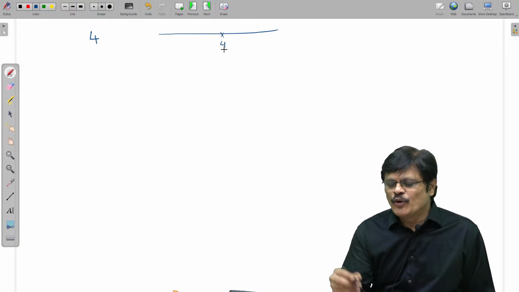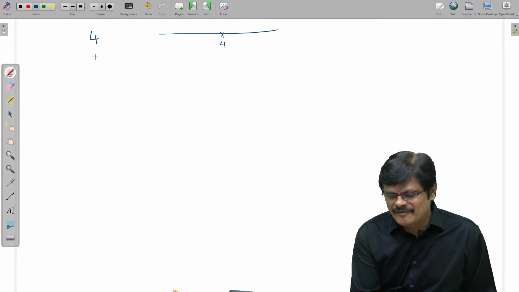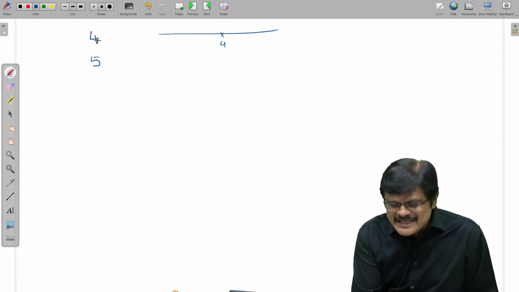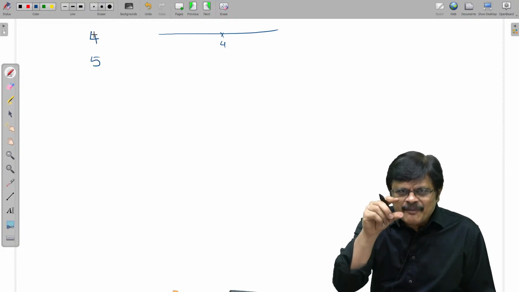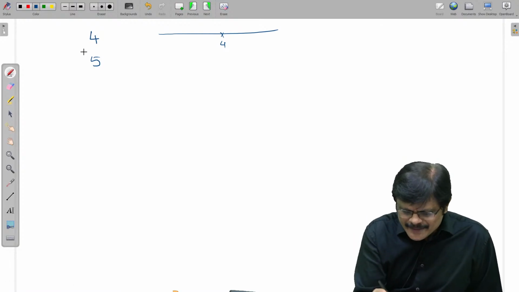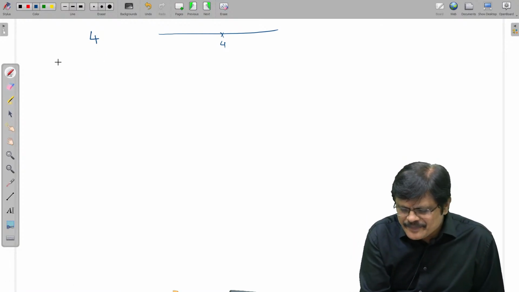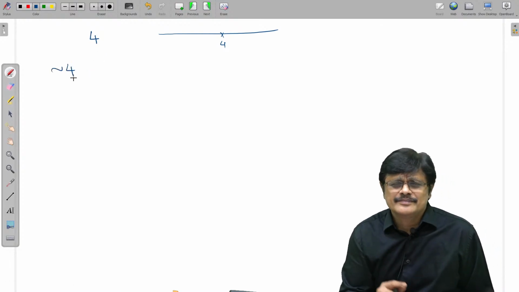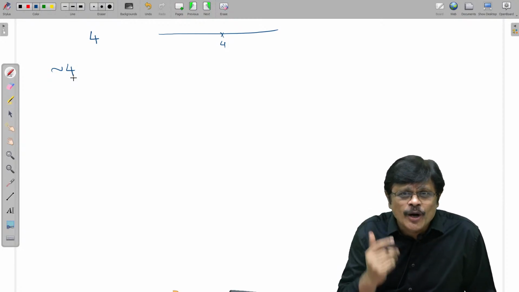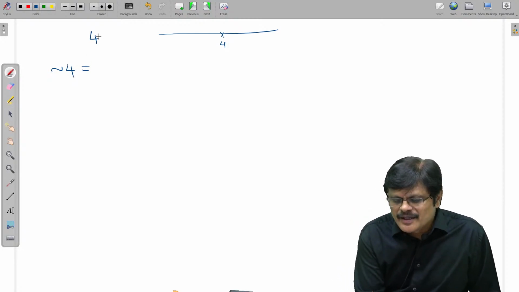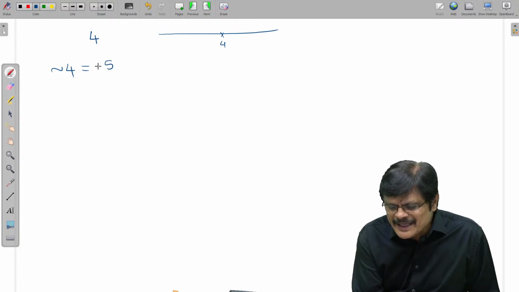What is one number more than that? 5. Whatever number is given, plus or minus, if you want to find the binary bitwise complement of that particular number, it is one number more than that with a minus sign.